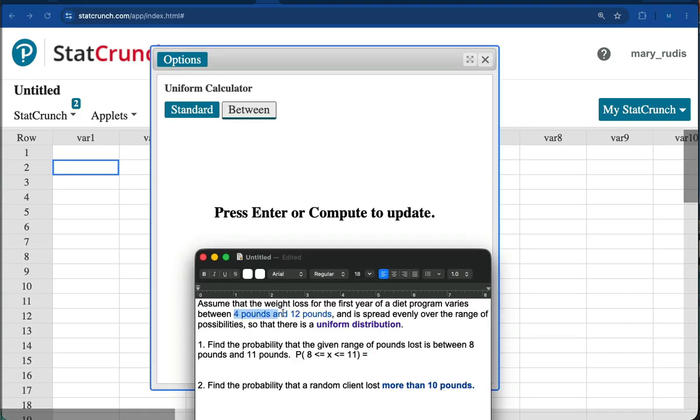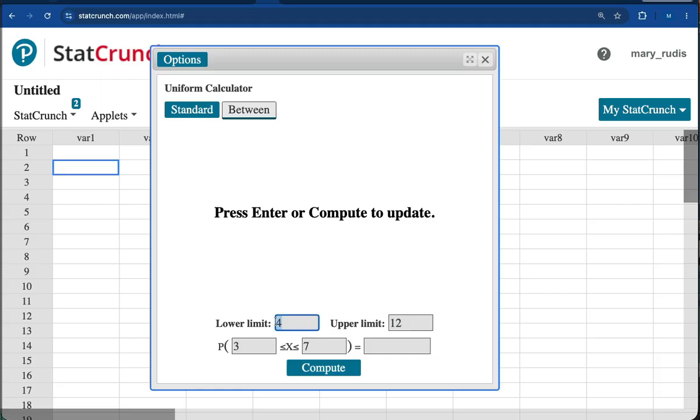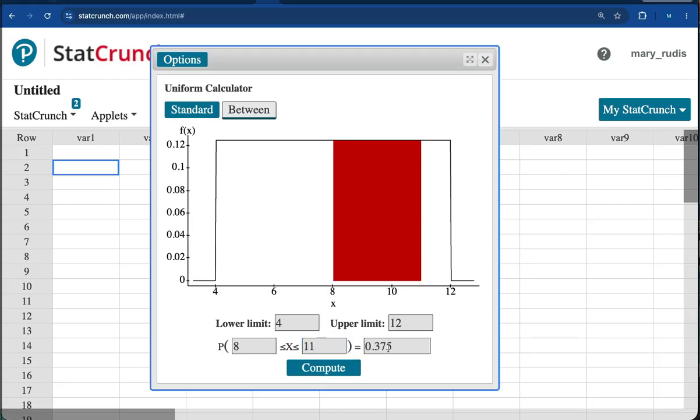That's what we were given at the beginning, that this is what all patients or all clients will experience, that it varies between 4 pounds and 12 pounds. So 4 is the lower limit, 12 is the upper limit, and we want the probability of outcomes between 8 and 11. You type in the things that you know, and then you hit Compute for the thing that you don't know.